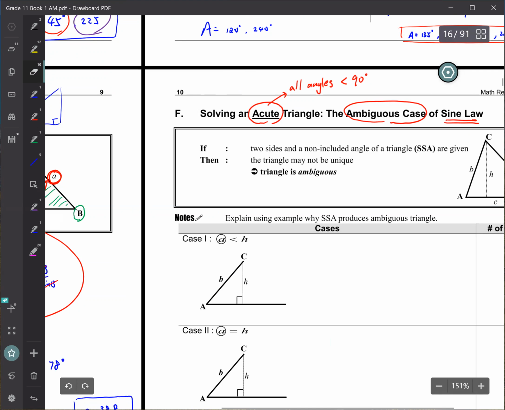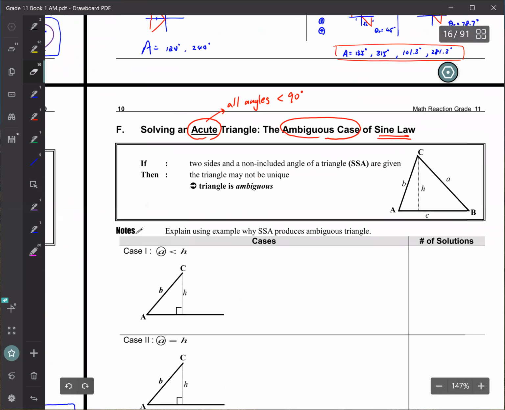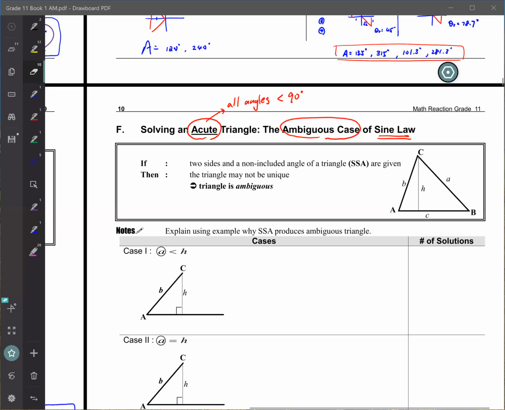So ambiguous case, what's the meaning of the word ambiguous? Does anybody know? Colin, what's the meaning of that word? Ambiguous. Is it like two possibilities? Two possibilities, yeah. Could be two possibilities, could be one, could be three, could be none.